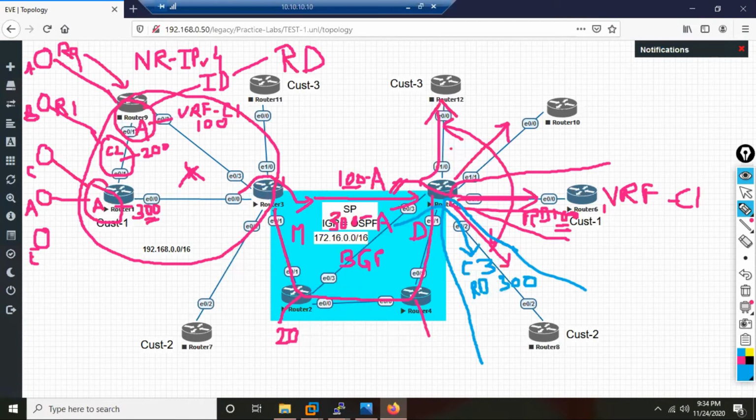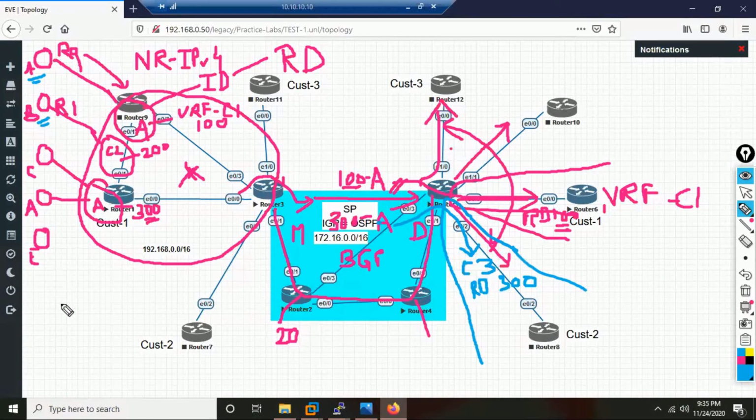So this concept of RD, attaching the RD to every customer's route, makes the route in the service provider cloud unique. Every customer route now becomes unique. No two customer routes will ever get mixed up. Let's say now every customer is using the same subnet 10.1.1, like every customer has A here also, A here also.